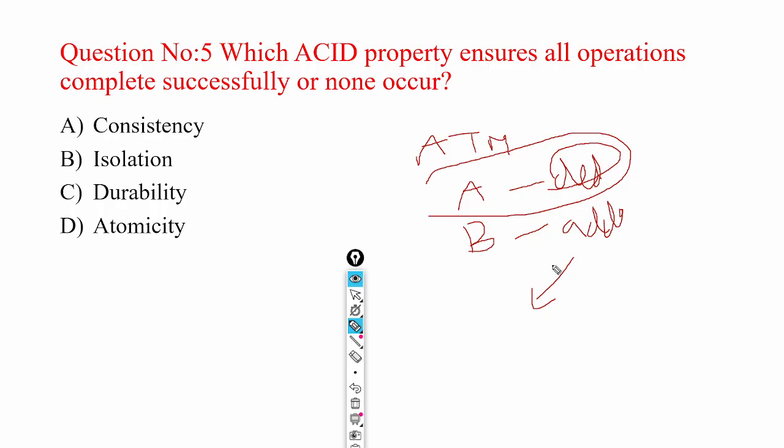Otherwise, the money would be lost. Rollback means it comes back to the previous state.